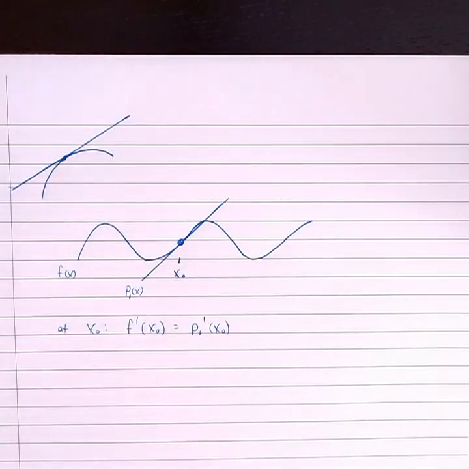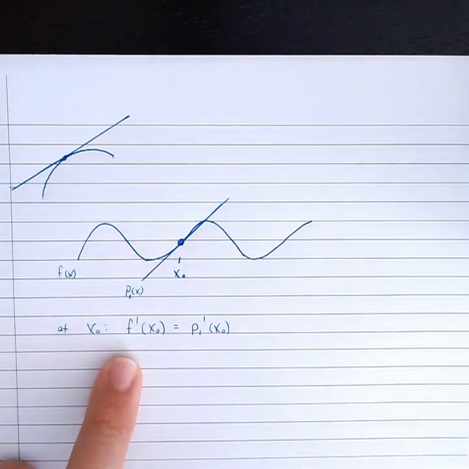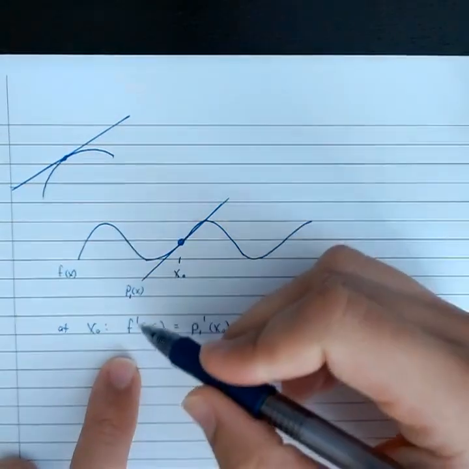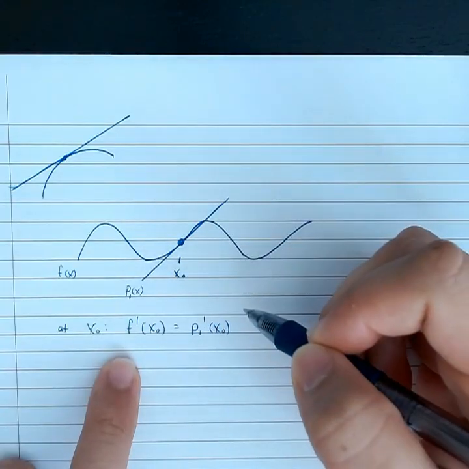Okay, but why does it have to be a line? After all, I have polynomials of degree 1. Why don't I use a polynomial of degree 2? After all, a polynomial of degree 2 would be a parabola. And the nice thing about a parabola is that it curves, it bends, which will give me a better approximation of my function.